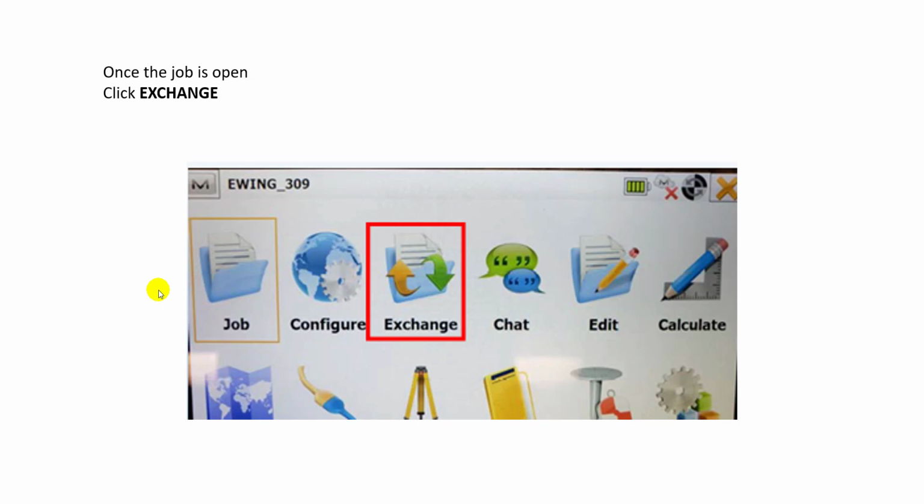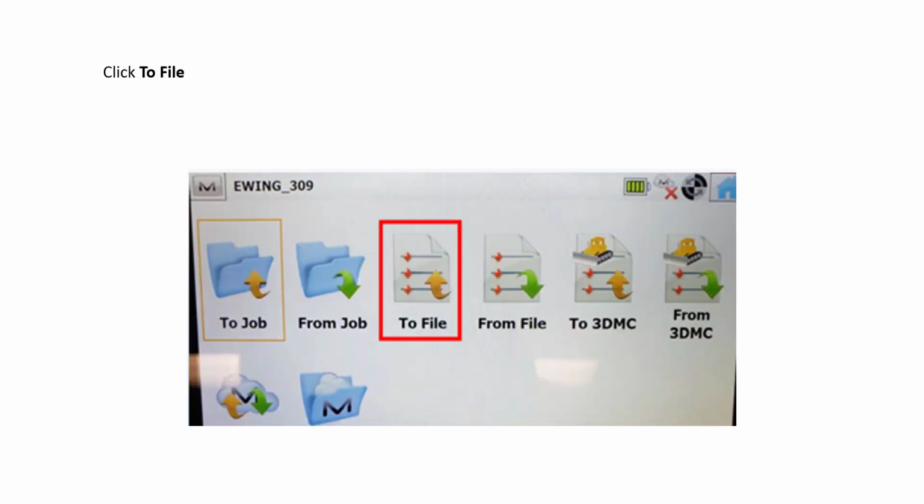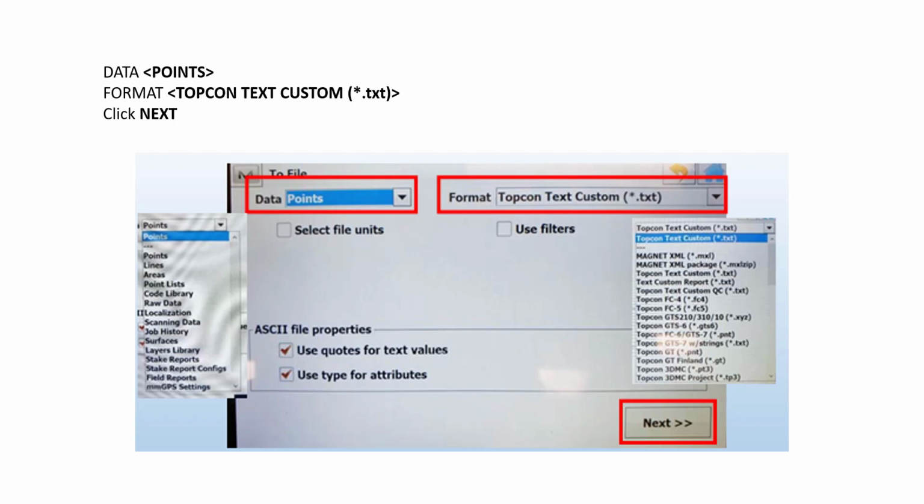Once the job is open, go ahead and click Exchange. And then we're going to select Export to File, and once you select that, you'll see a window pop up, and you want to select the correct data and the format.